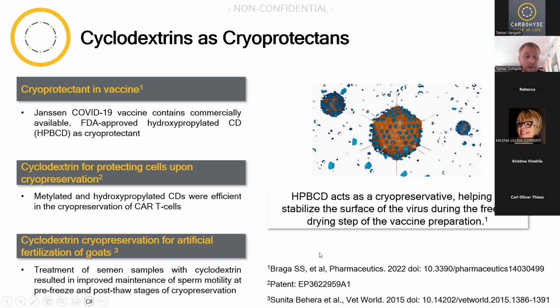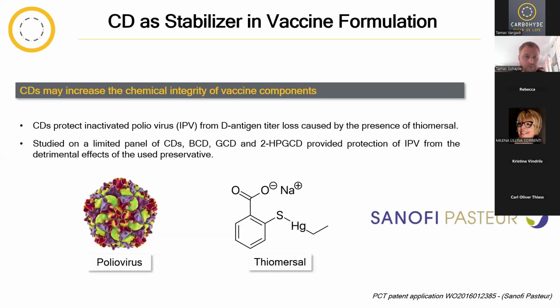Usually it would be the methylated cyclodextrins that are used, but these applications are typically not in vivo applications, so not in drug products, but more in research or in cell cultures and such like that. So you can see cryopreservation of T cells or maintenance of sperm and similar applications. But of course, this field also holds a lot of potential.